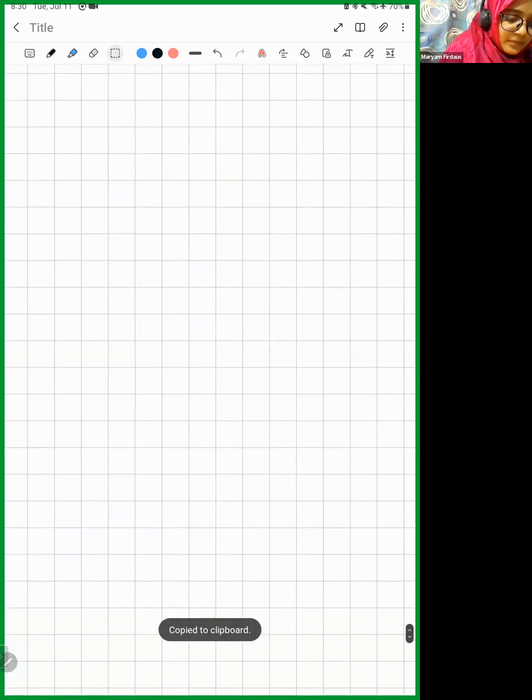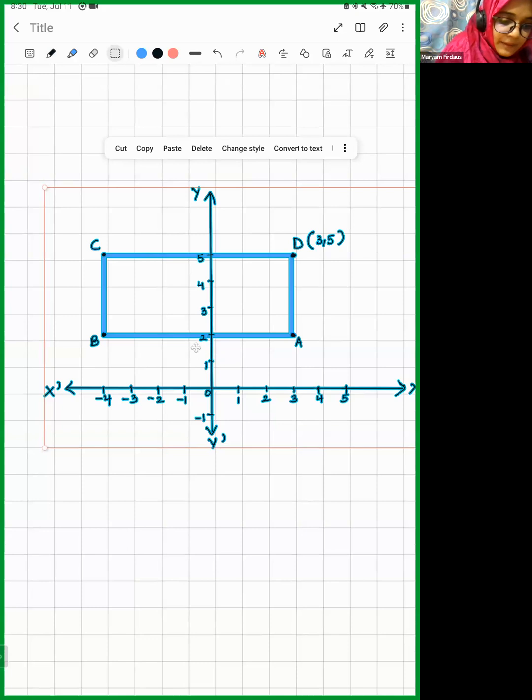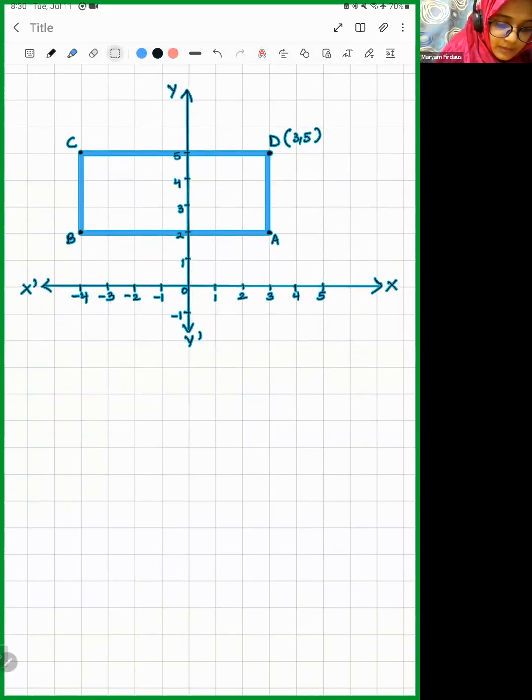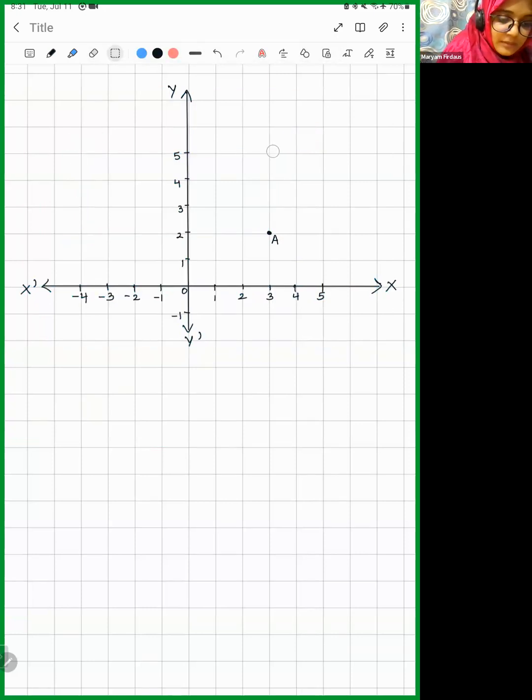All right. So the question says the length... okay, never mind. Don't look at the chat box. I'm just going to write it over here. Length is 5 units.